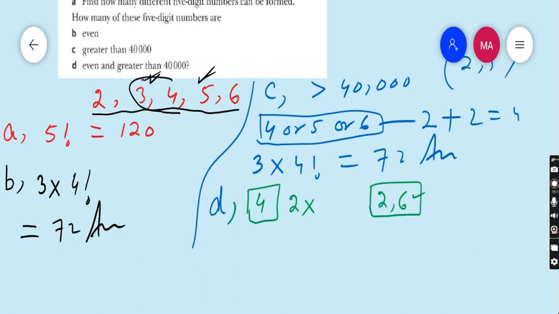After fixing these, we have one digit from 2 or 6 remaining, plus two digits left, that is 3 and 5. Therefore 1 plus 2 is 3 factorial. So this is first choice, 2 multiplied by 3 factorial.